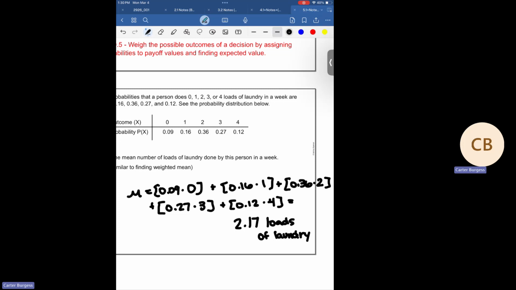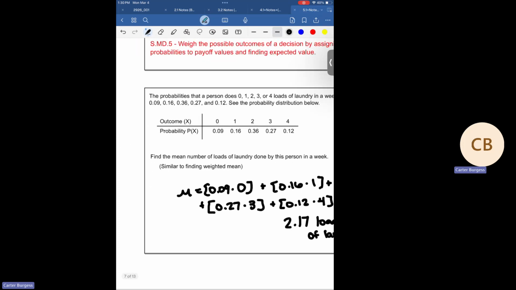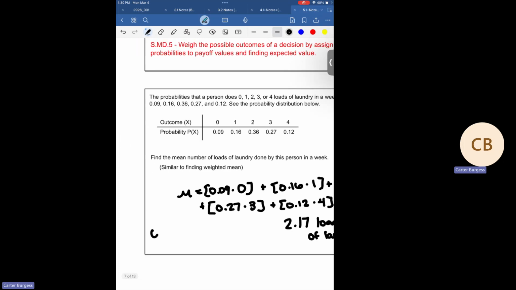So if I said what's going on over the course of maybe 10 weeks, well, if each week we are doing about 2.17 loads of laundry, then we would maybe expect after 10 weeks to have done somewhere between 21 and 22 loads of laundry.